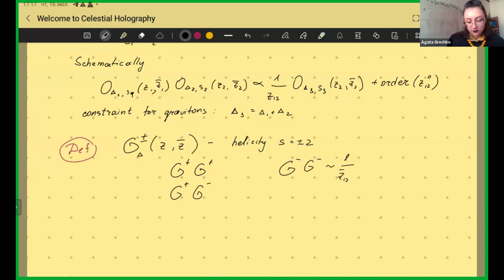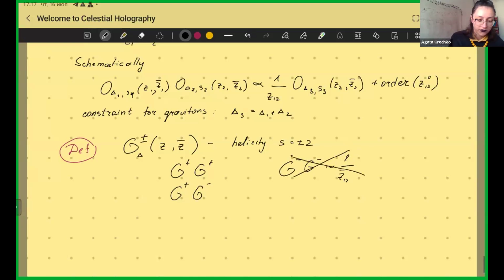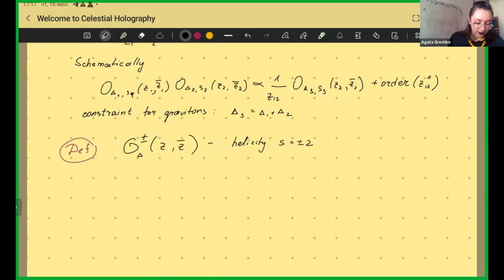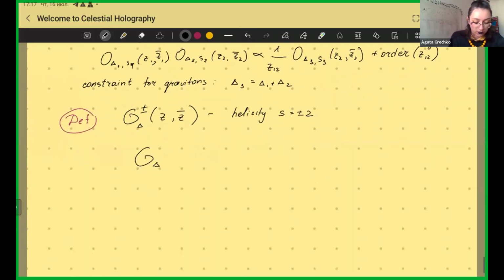The analysis also can be performed on the negative helicity gravitons, but we will restrict ourselves to these OPEs. So if we write it down explicitly, we can write two following operator product expansions. First, of a graviton of positive helicity at point z1 bar, times a graviton of positive or negative helicity at the point z2 bar.